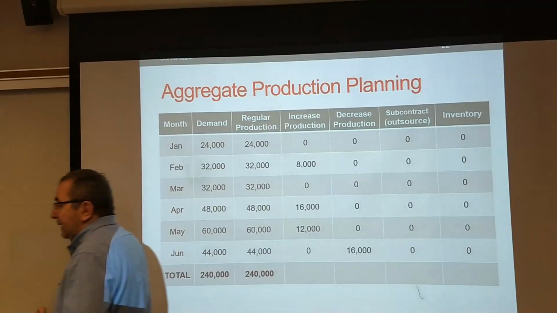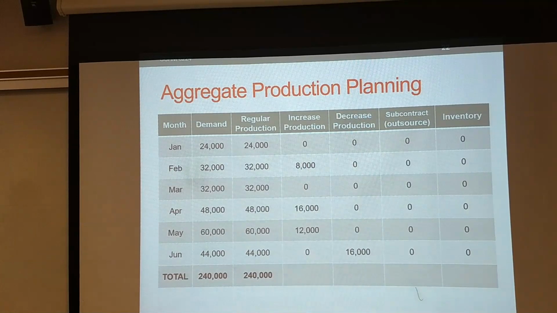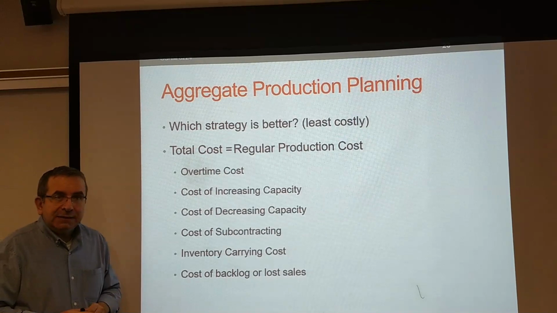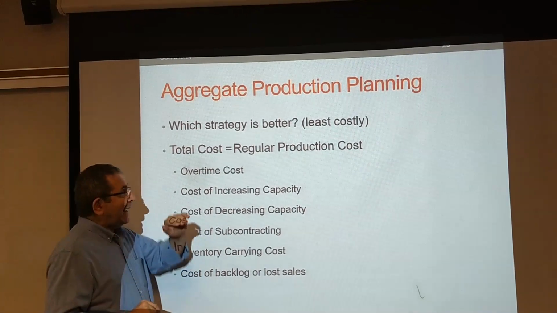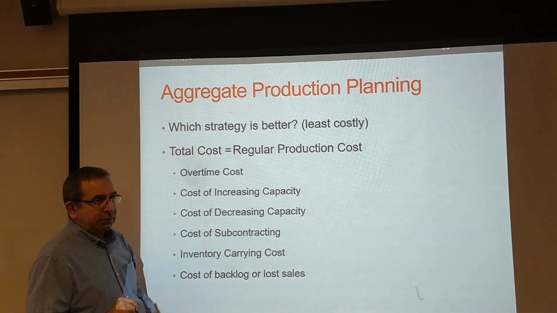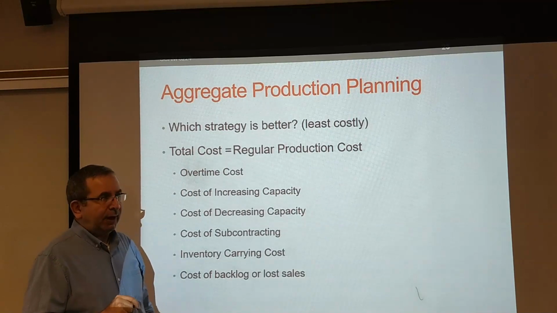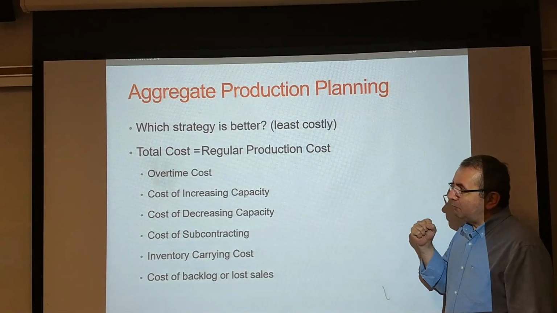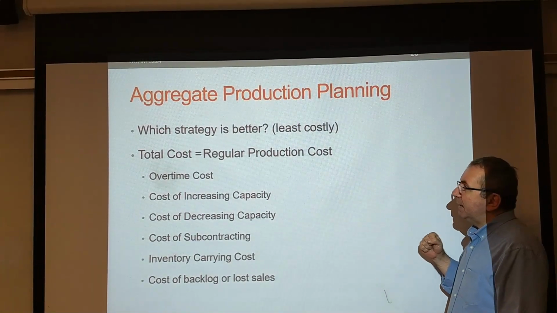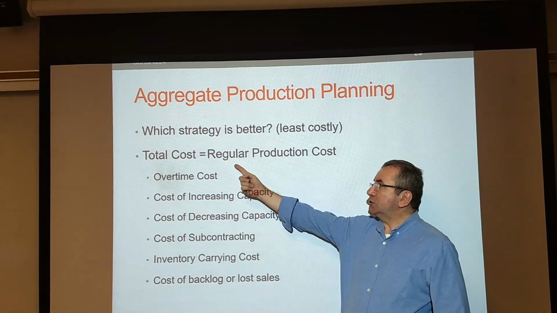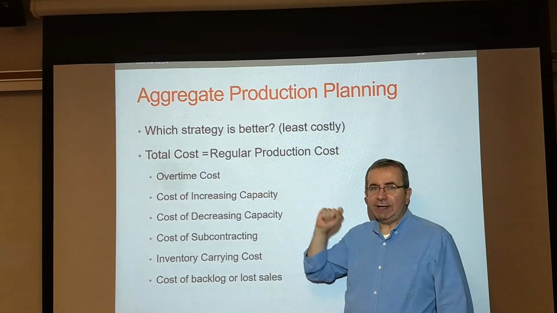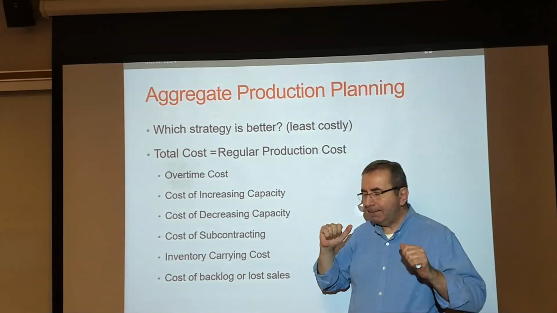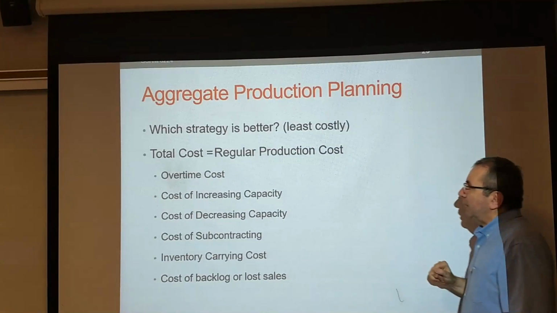Now, what you want to do is find the strategy that gives you the lowest total cost. Total cost has a number of components. First, there is the cost of regular production, during the 8 hours of the working day.